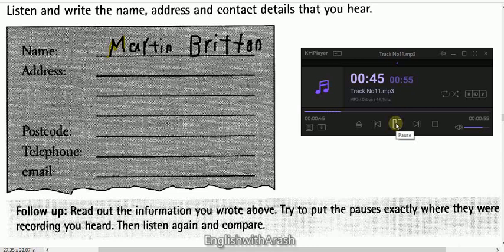And the address is Flat 6, 98 Carlow Road. That's Carlowe Road, Middleton. Postcode DG16H39. My telephone number is... So let's write the telephone. 691. 6192281, I guess.